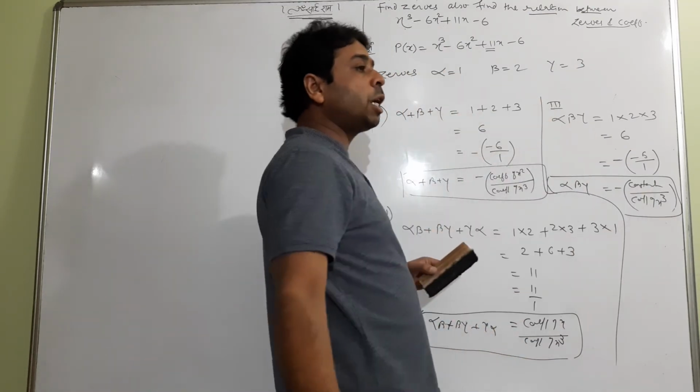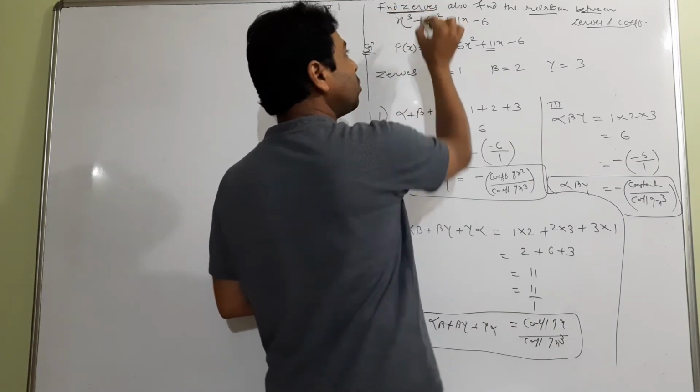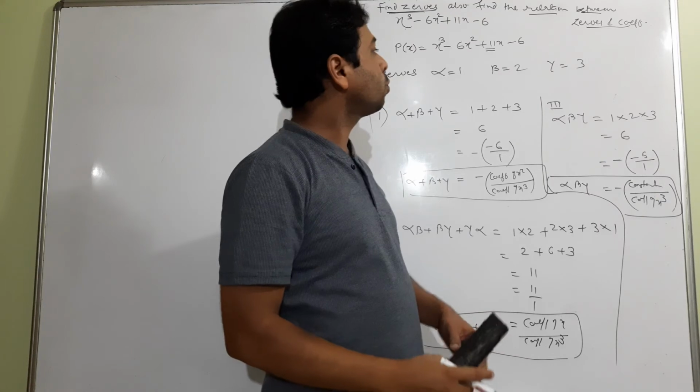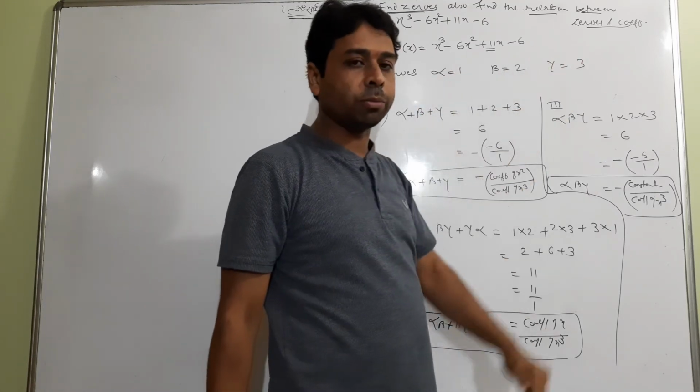This time, student, remember, we were asked to find the zeros, so we found them first by prediction and then by the division method.